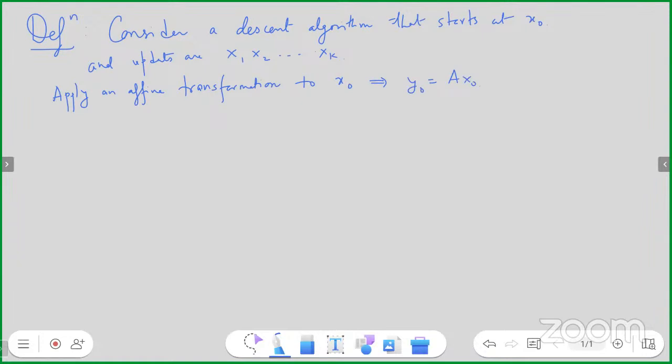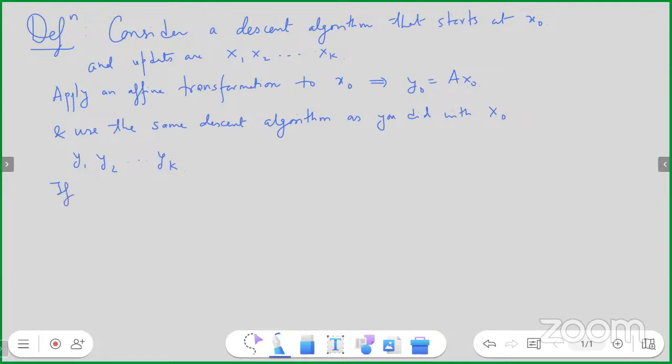All right. And use the same descent algorithm as you did with x0. So what are the iterates now? The iterates are y1, y2, and so on.